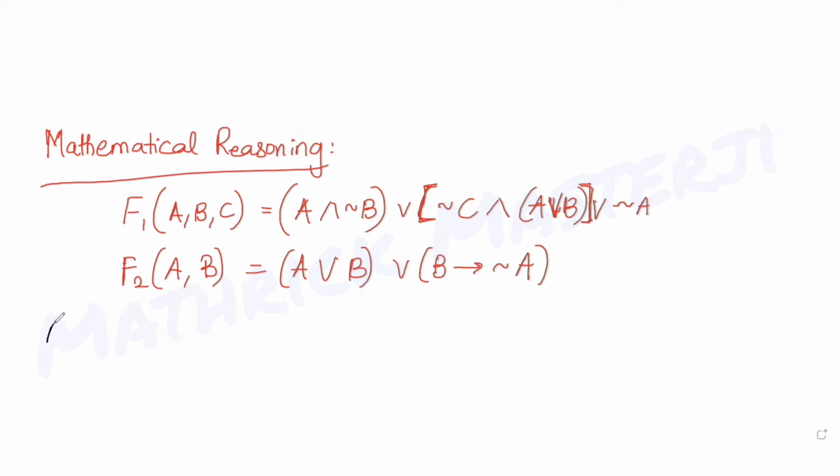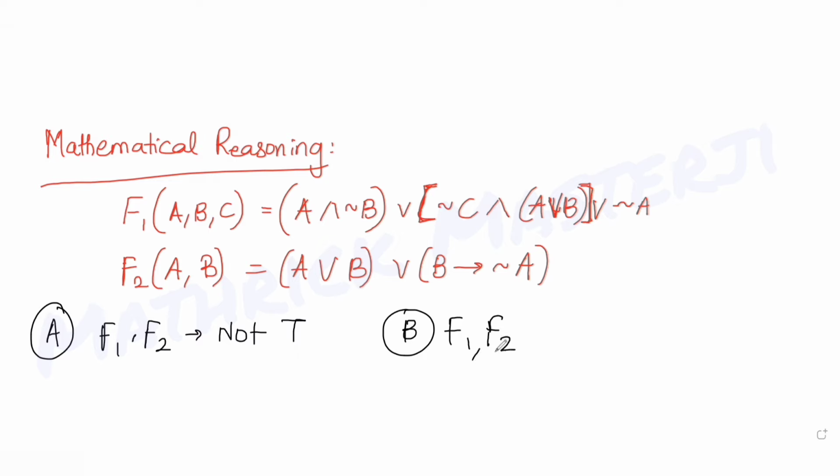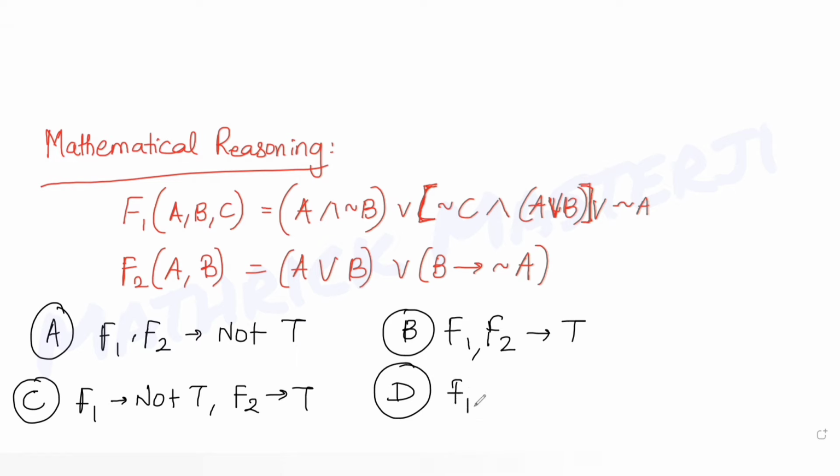The first option tells us F1 and F2 both are not tautologies, means not true. Second, F1 and F2 both are tautologies. Third, F1 is not a tautology, but F2 is a tautology. The last option tells us F1 is a tautology and F2 is not a tautology.